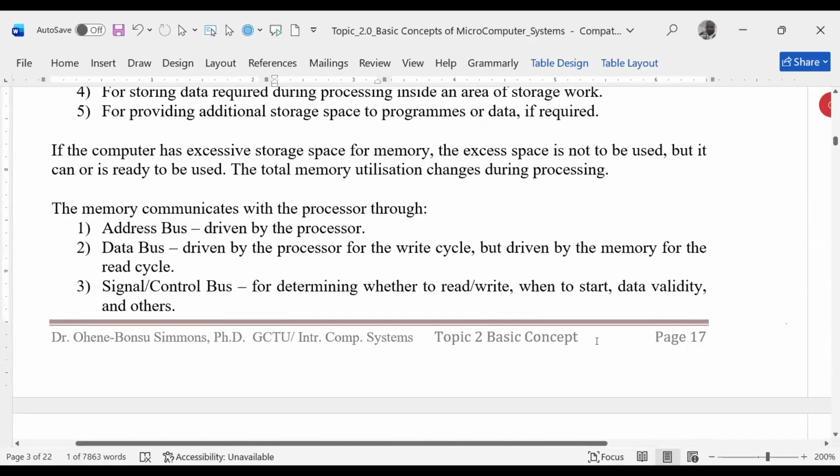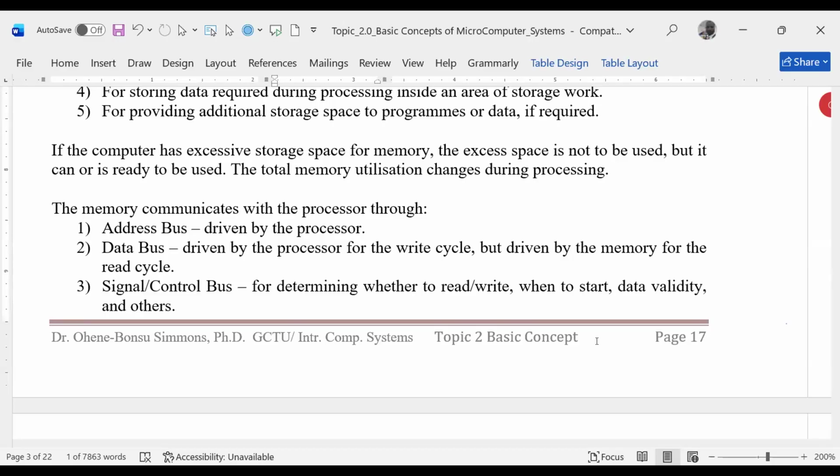There are 3 types of these buses: address, data, and signal or control. Address bus, this type is always driven by the processor. So it's one way, by the processor. The processor uses that one to perform instructions. Then data bus: it is driven by the processor for the write cycle, but memory takes the read cycle. So this is not one way. Memory and the processor both use this bus.